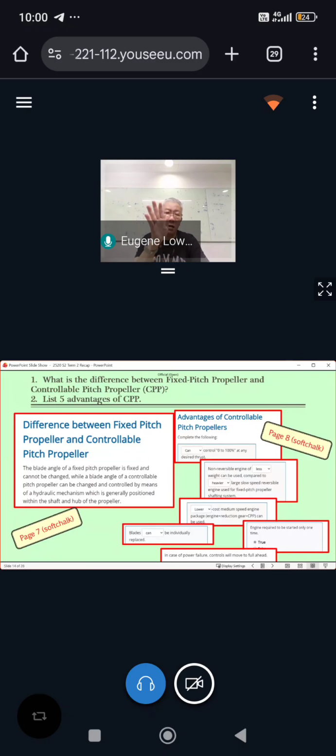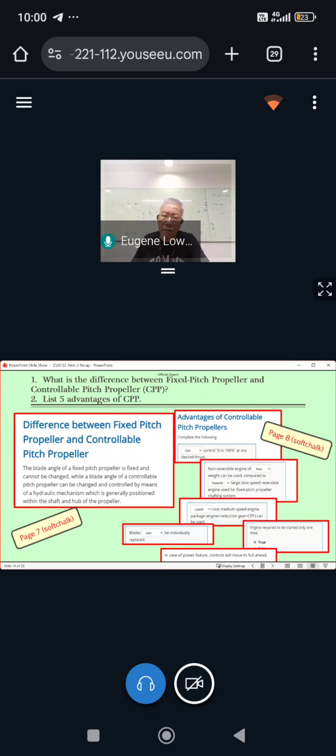If 40 degrees is 100% of the movement, 50% would be 20 degrees, in the ahead direction or in the astern direction. In case of power failure, controls of the CPP will move it to full ahead.